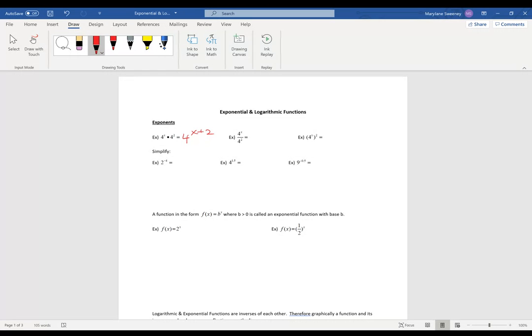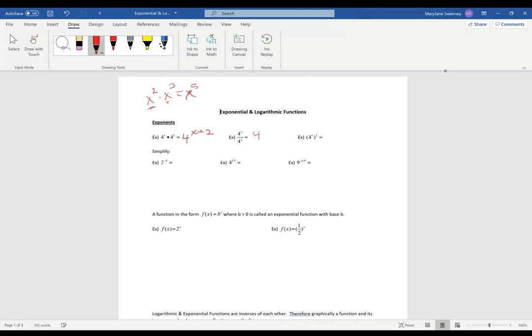Sometimes that's tricky for people. They say, well, why don't you multiply the 4 and 4 and get 16? It's kind of like if you had an x to the second times an x to the third, let's say, right? It would be an x to the fifth. So you just keep the x, and you add the exponents.